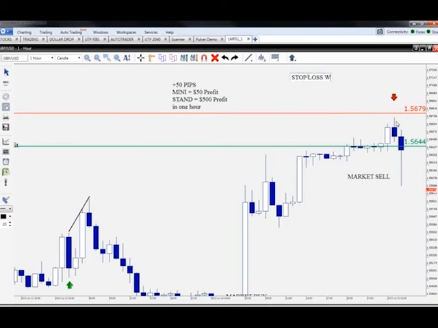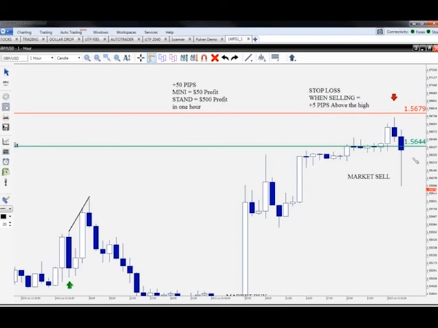Stop loss when selling. It's a little bit different when we're selling the market here. It's going to be plus 5 pips above the high, just like that. Once again, the difference between buying and selling, our professional analysts can explain to you in much greater detail in that live trading session.